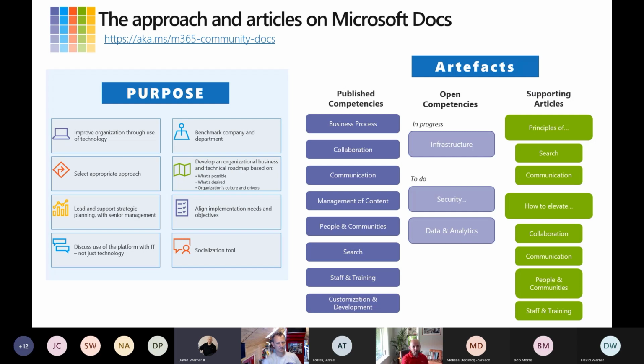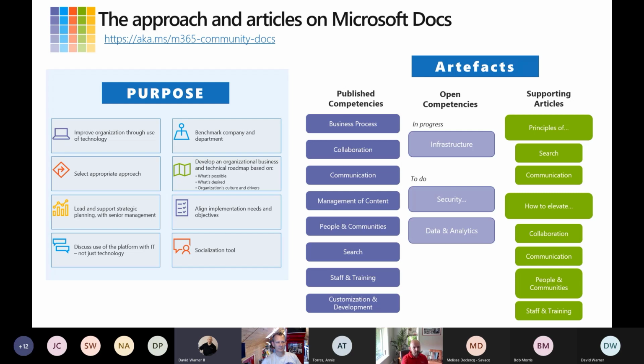So, what is the point of this maturity model? What's it aiming to do? Its purpose is to enable organizations to get more from the Microsoft 365 platform, and understand where the benefits and the impacts may come from when we implement the competencies in the Microsoft 365 maturity model.